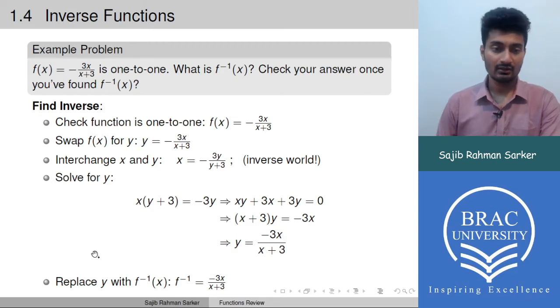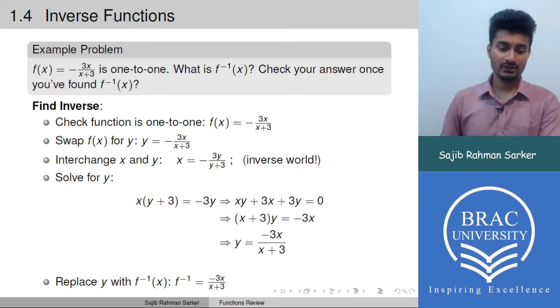This is the standard way to find the inverse of a function. It's interesting that the function f of x, minus 3x over x plus 3, and its inverse, minus 3x over x plus 3, came out the same. It's quite interesting.